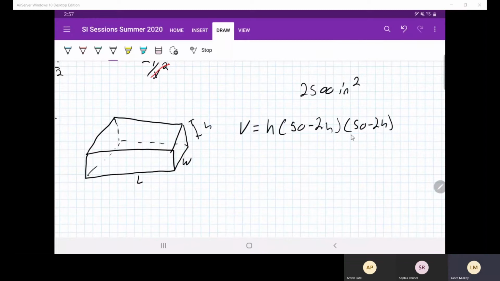I was trying to do it a different way with the surface area. So V equals H times 50 minus 2H squared. So now it equals H times 2500 minus 2H. 50 minus 100H.